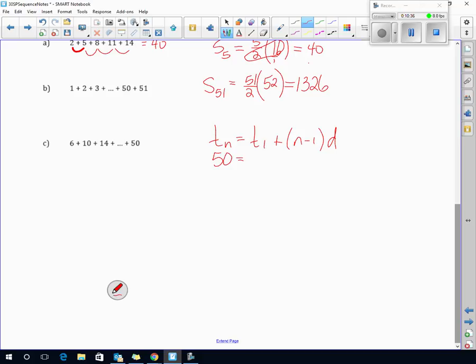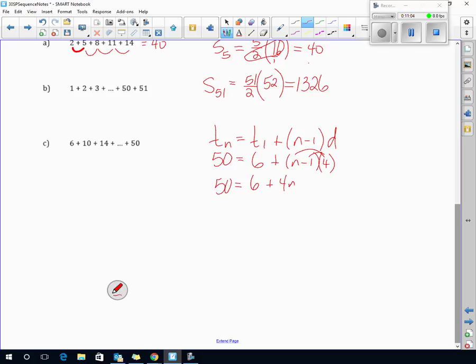But we do know what d is, and what is d? 4. And this is not add 4, this is multiply 4. So now I'm going to actually multiply that in, so I get 50 equals 6 plus 4n minus 4. 6 minus 4 is 2. Move it over. It's 48 equals 4n, so n equals 12.